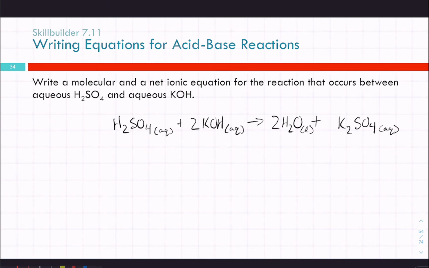But now we can go back, because the only thing we haven't looked at yet really is hydrogen. So 2 times 2 is 4 hydrogens. Then we have 2 hydrogens here, and we have 2 hydrogens here. So 4 hydrogens on either side. Just to double check, I don't want to run out of space. Hydrogen, sulfate.